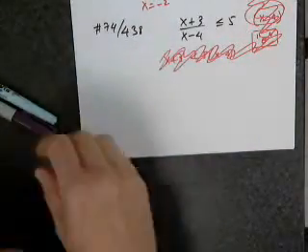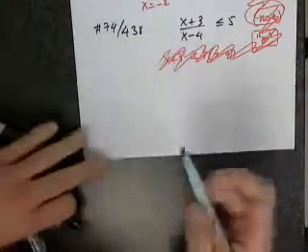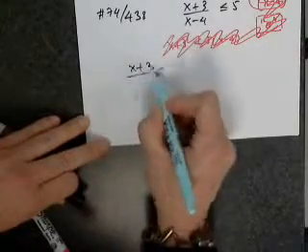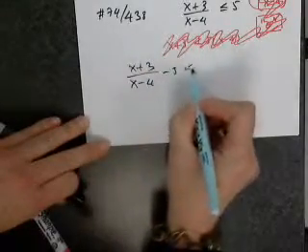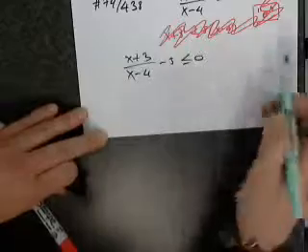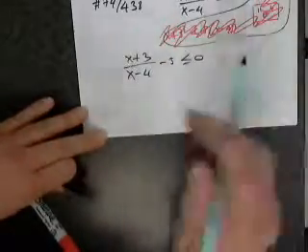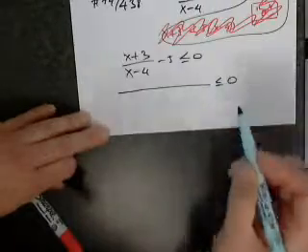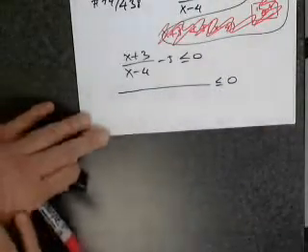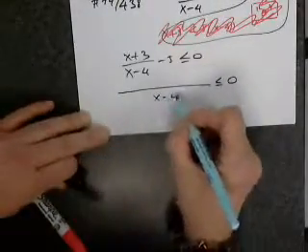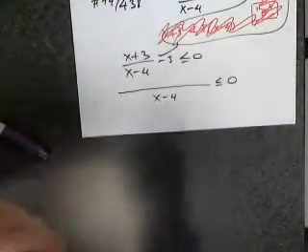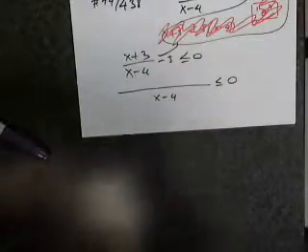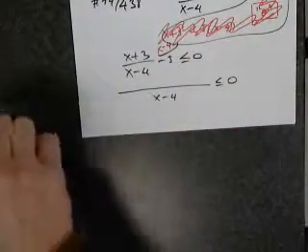So what will I do? I subtract 5 from both sides. Exactly. So please remember that. This will be a terrible mistake to make. I have to find the LCD, which is x minus 4. What is the adjustment that -5 needs? Very good. And then what do I get at the top?